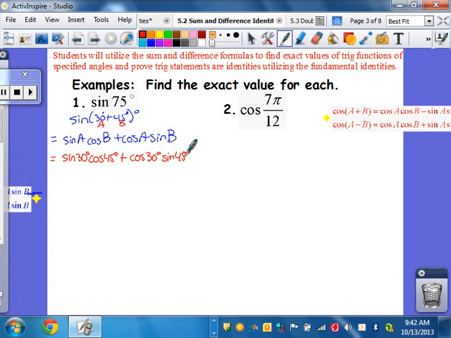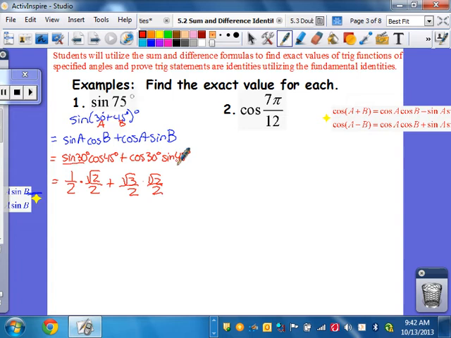Now all you got to do is go to your special triangles and write this stuff down. If you don't remember what sine of 30 is, you need to draw your triangle out and do that. But sine of 30 is indeed 1/2. Cosine or sine of 45, either way, is root 2 over 2. Cosine of 30 is root 3 over 2, times root 2 over 2. All I'm doing is evaluating each part of this formula separately from a special triangle.